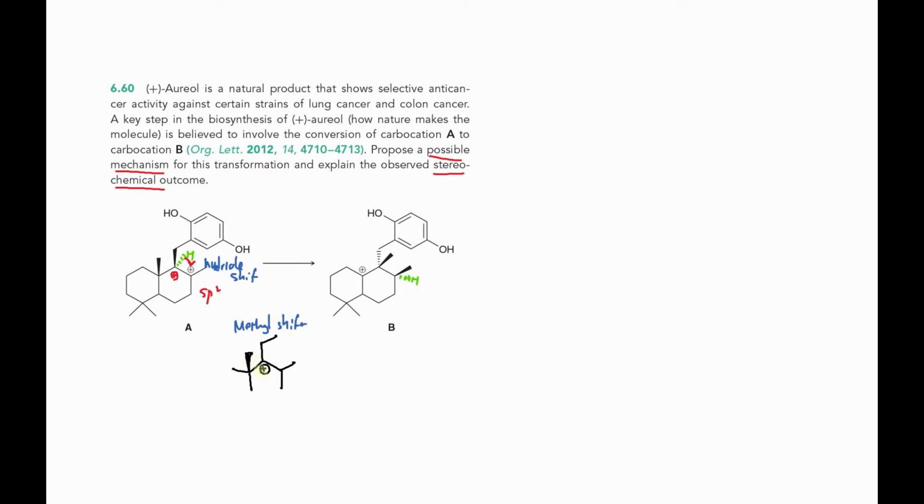We can move this toward that carbocation and fill that up, and in turn we're going to move our carbocation to the left. So when you move that, the stereochemistry is still going to direct us to have the methyl group as wedged, as you see in compound B here.